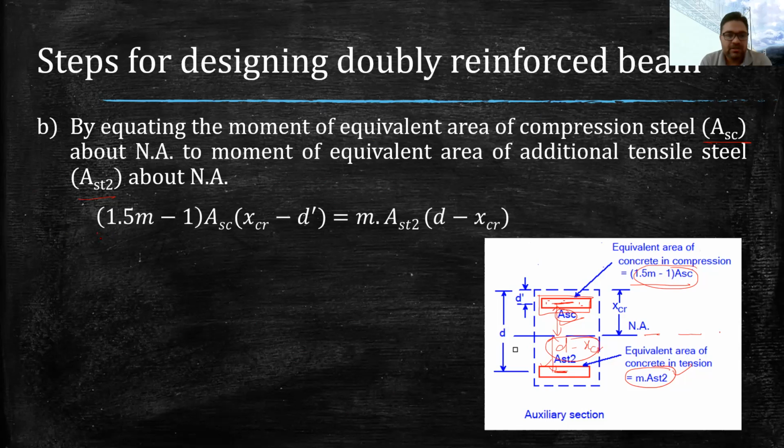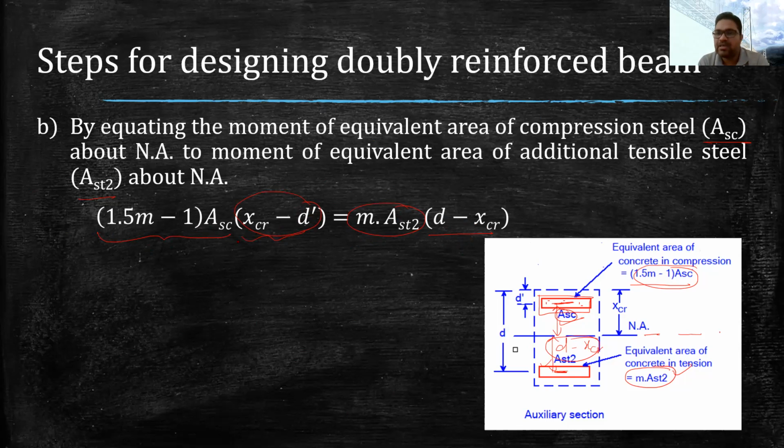You can see this is the equivalent area of the concrete multiplied by the perpendicular distance, and this distance is basically the distance between the neutral axis and the CG of the compression steel. Similarly, this is the equivalent area of the steel in tension multiplied by the perpendicular distance, which is the distance between the neutral axis and the CG of the AST2.